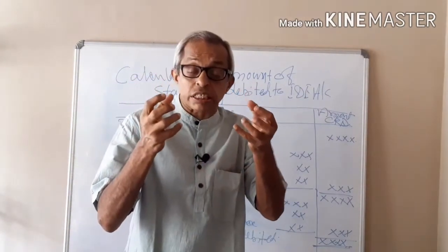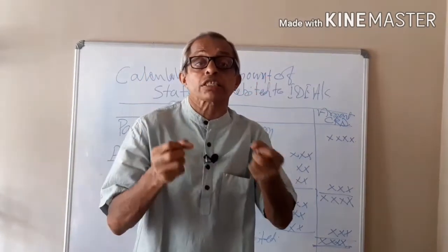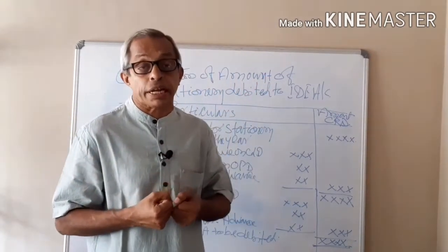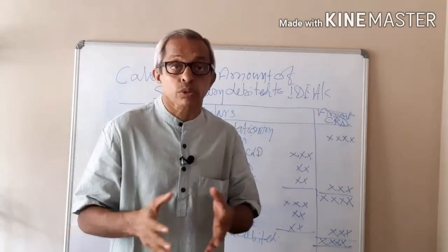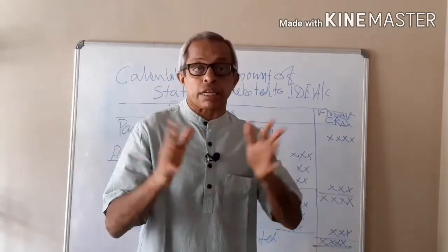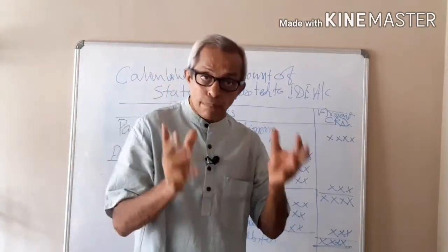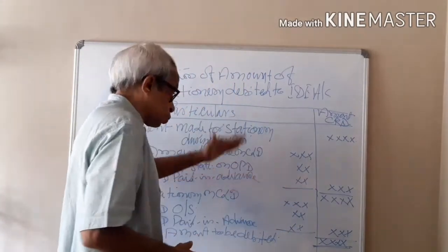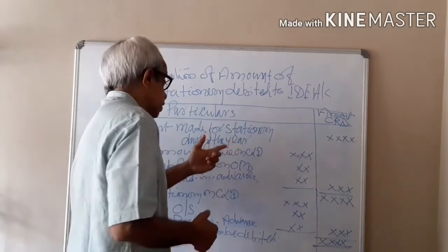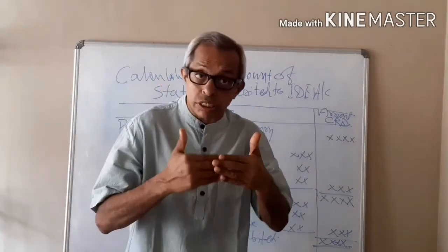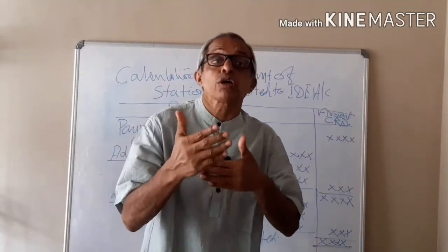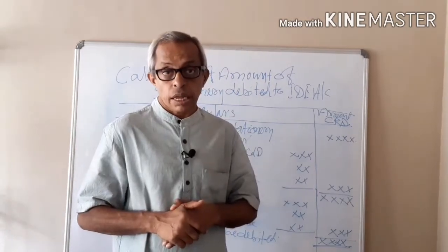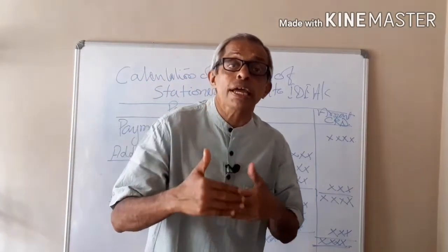The stock of stationery, that is the opening balance of stationery, would have been used for the current year itself. So the amount of opening stock of stationery may be added. And the second item is the amount of stationery due on the closing date. That amount should also be added.